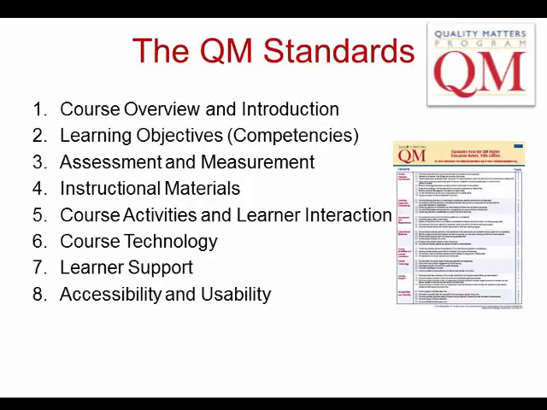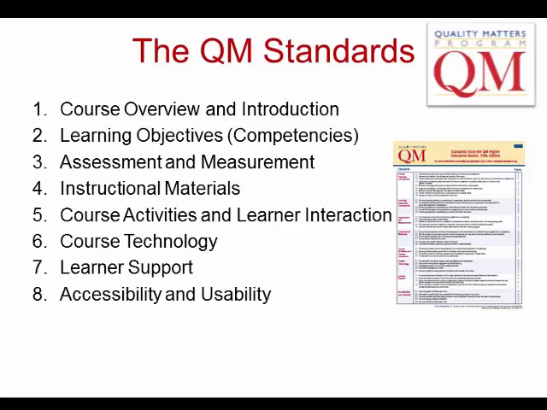So coming to our Quality Matters standards, here are the 8 standards. If there's one thing I would say is a takeaway from this QM rubric, it is alignment. That's the reason I'm here to stress that. We are very particular about it, and it makes a difference when you have that alignment.